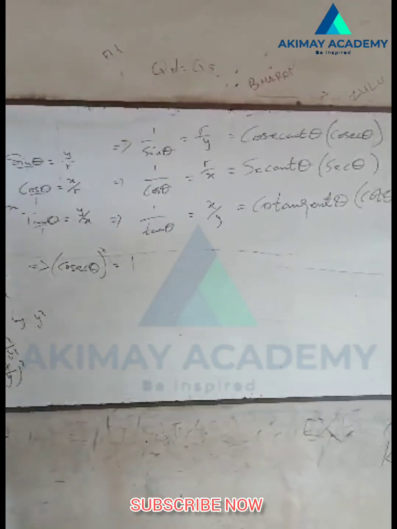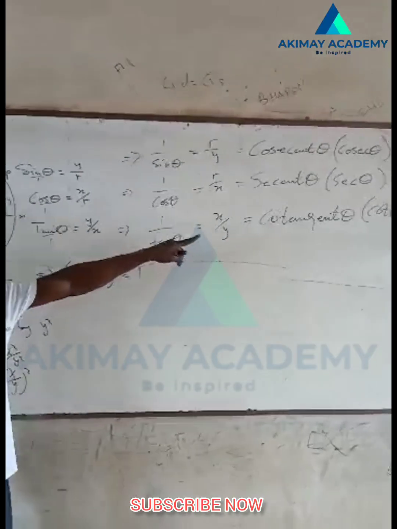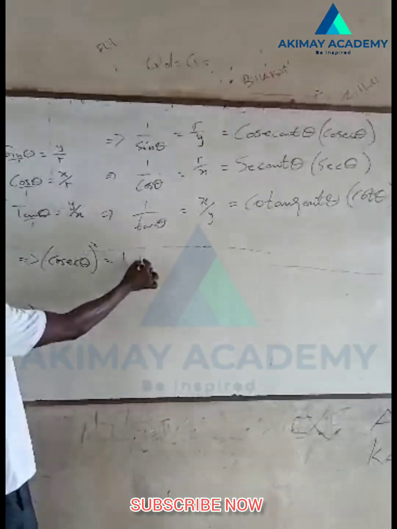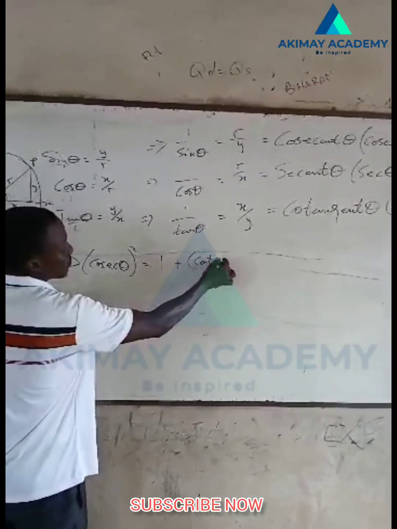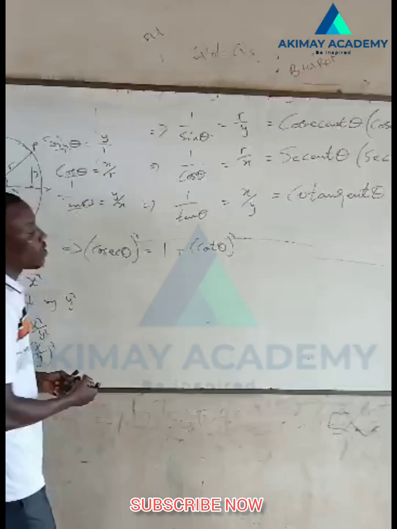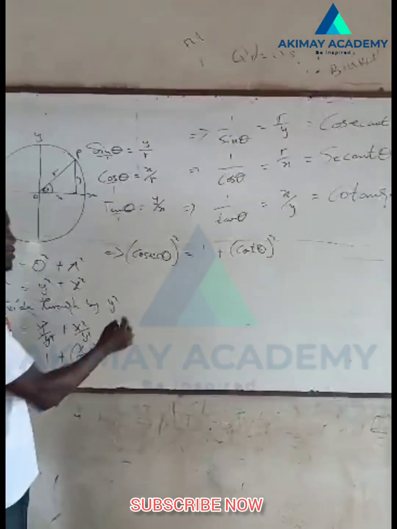So from there, we see that x out of y is cot theta. So cot theta all squared.